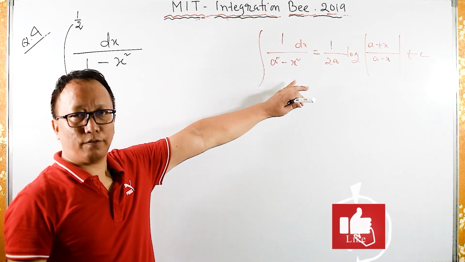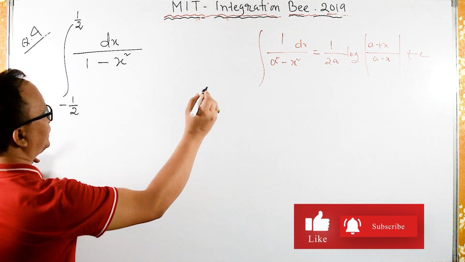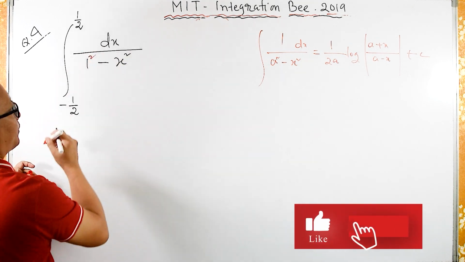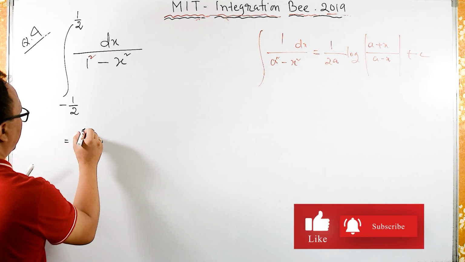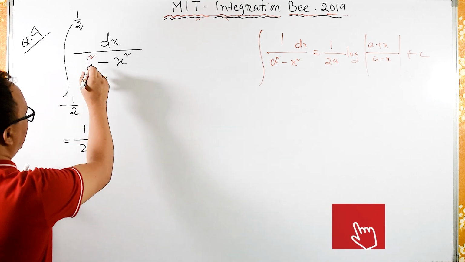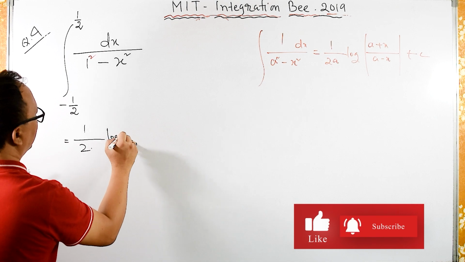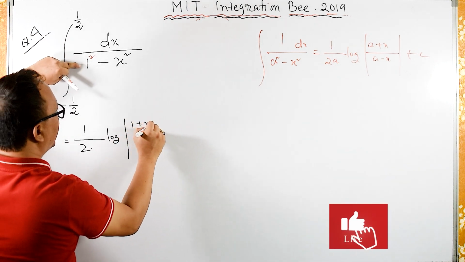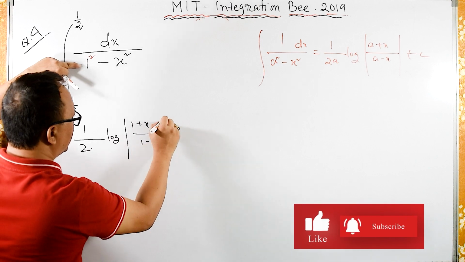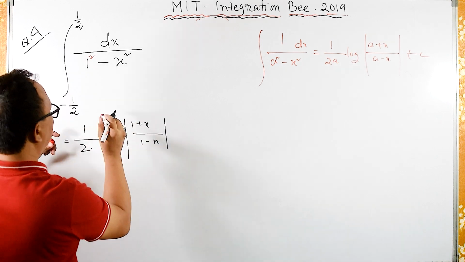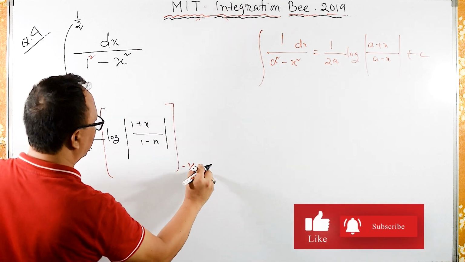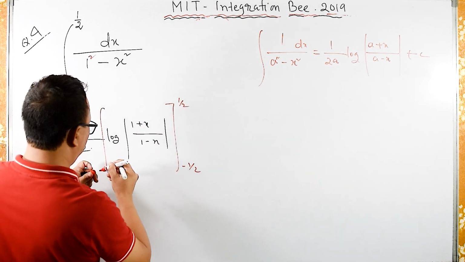So I will use this formula over here. This equals 1 by, instead of 1 I can write here 1 squared. So 1 by twice a, 1 by 2 into 1, is half, log of 1 plus x upon 1 minus x, and the integration limit is from minus half to half.